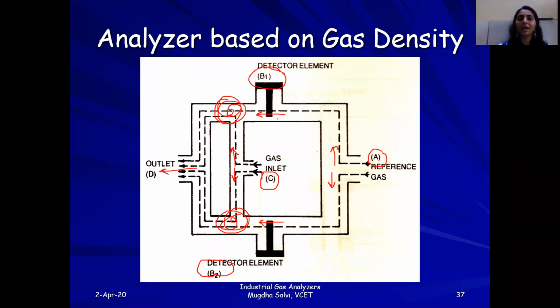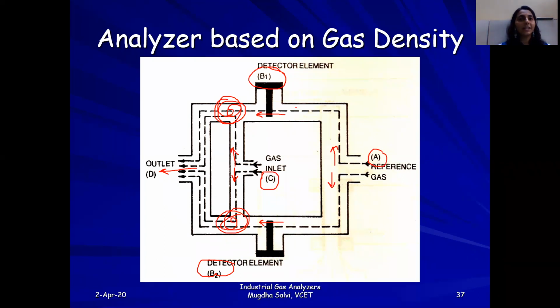The same situation will now occur. B1 will be more heated. That means it is not being cooled enough as compared to B2. There will be an imbalance in the bridge and it will detect the amount of gas that is entering the particular gas analyzer. So this is how it works on the basis of the density of the gas.